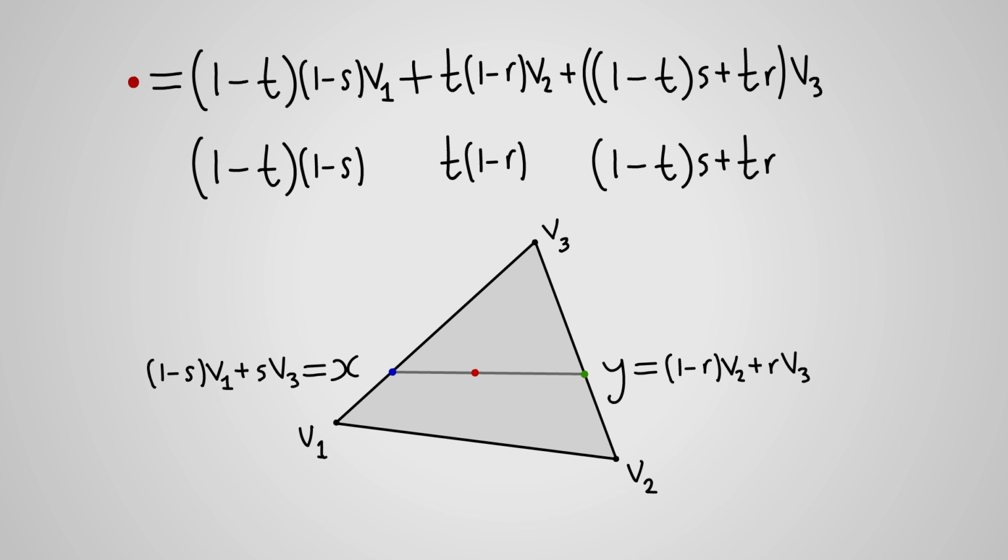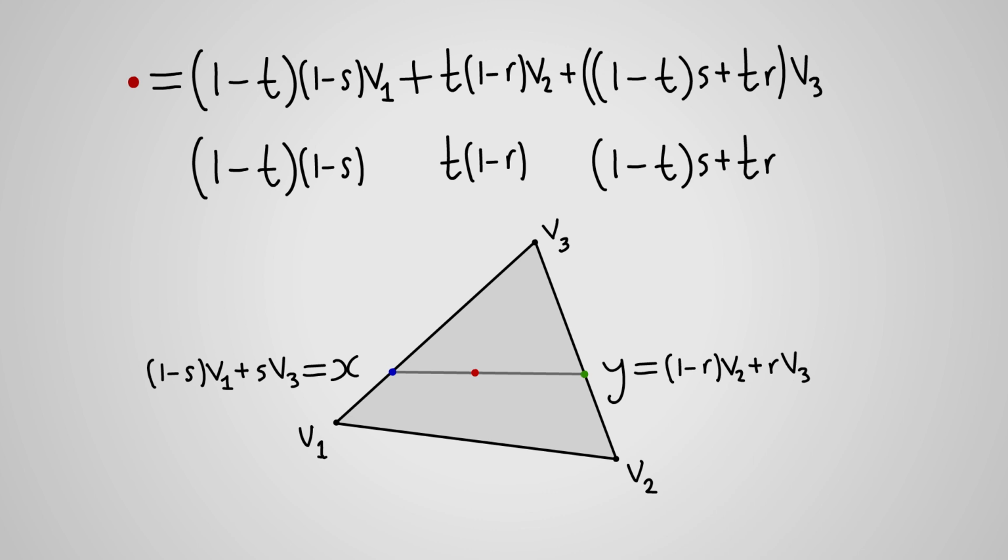Since r, s, and t are all between 0 and 1, 1 minus r, 1 minus s, and 1 minus t are as well. The product of any two numbers between 0 and 1 is, again, between 0 and 1. This implies that the first two coefficients, namely (1 minus t) times (1 minus s) and t times (1 minus r), are between 0 and 1.